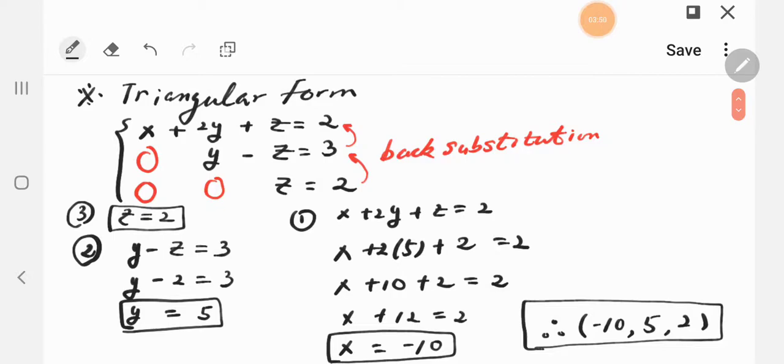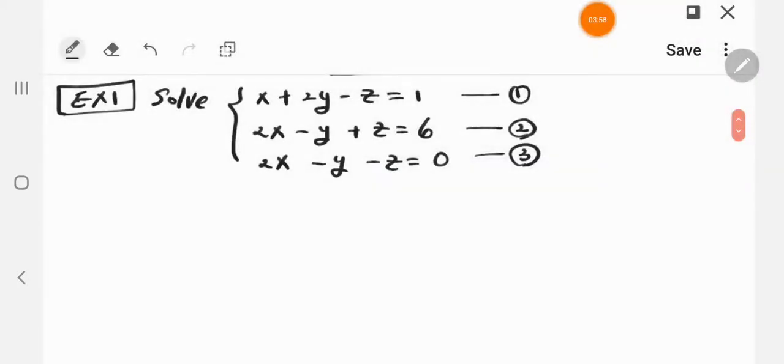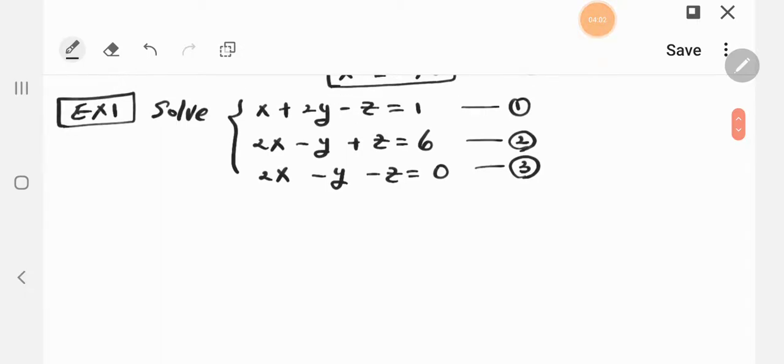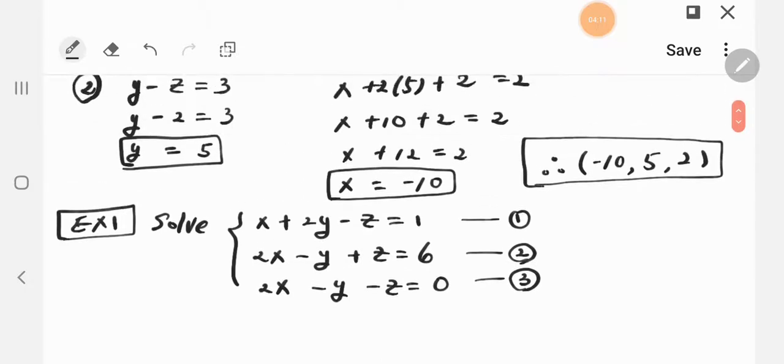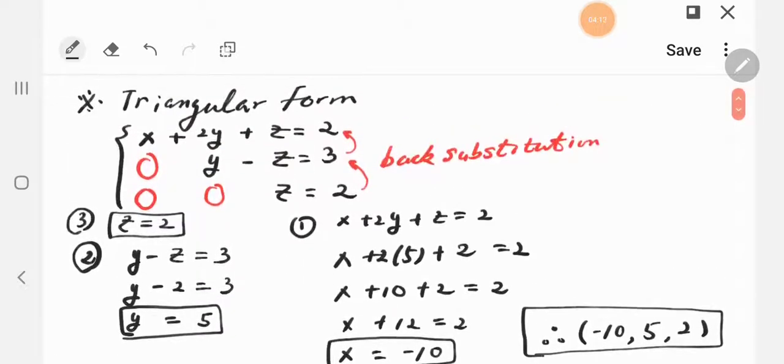So let's try example 1 and rewrite it in triangular form. Here is a system of three equations. We will rewrite it so that it will be in triangular form like this.